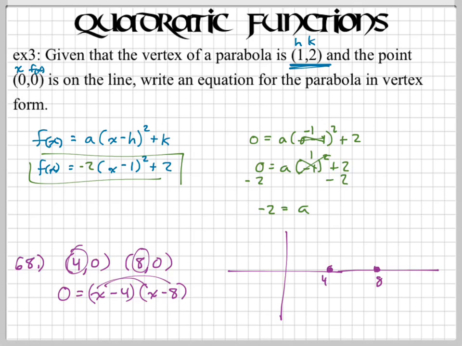You would FOIL it. Think backwards. If we were using the zero property to find the x-intercepts, we would factor the polynomial, get these 2 factors, and set each equal to 0 to get 4 and 8, right?